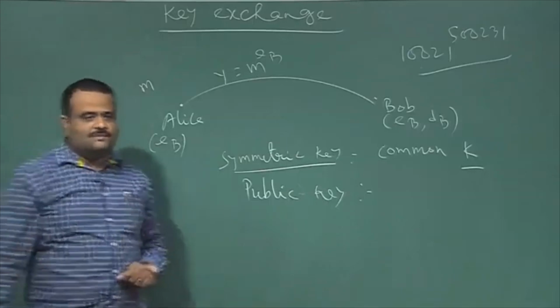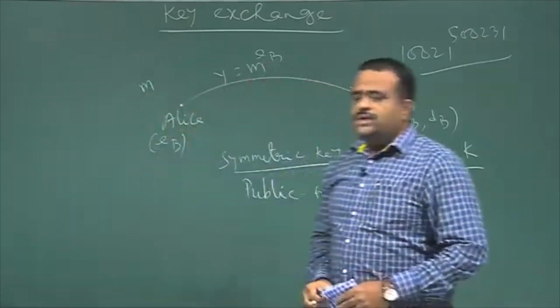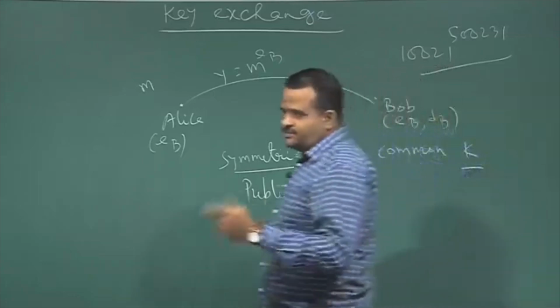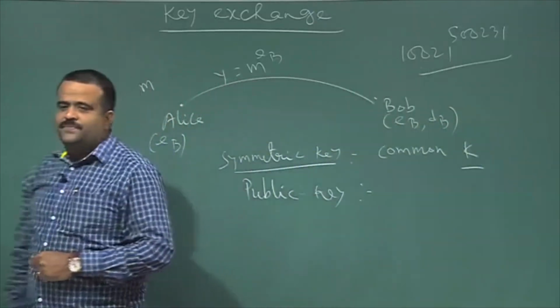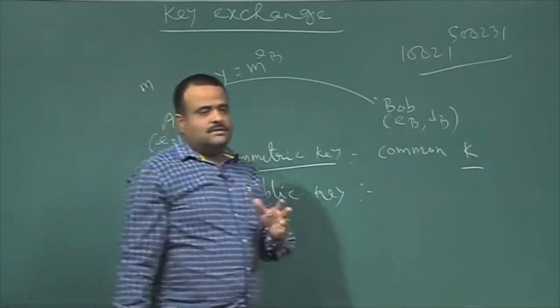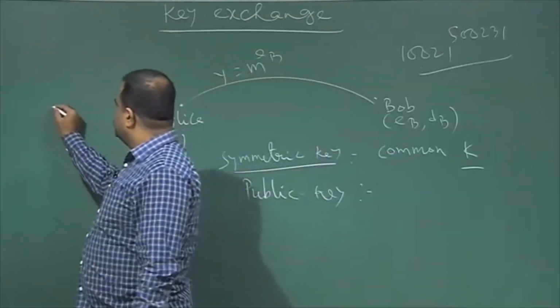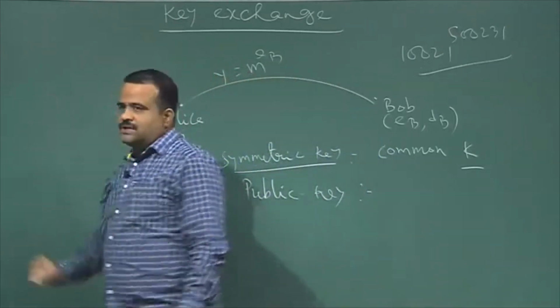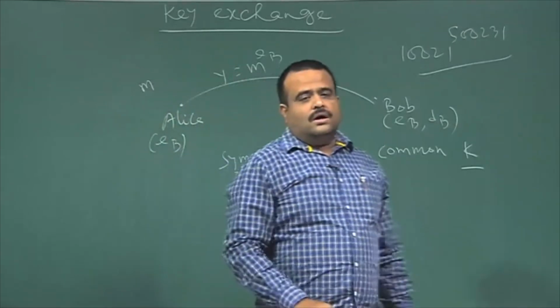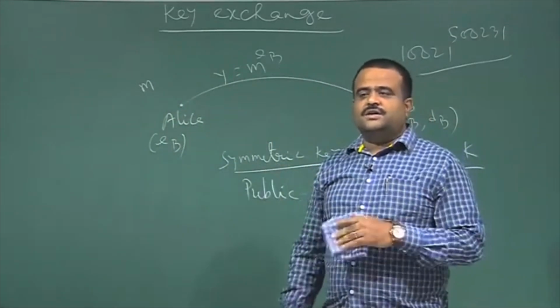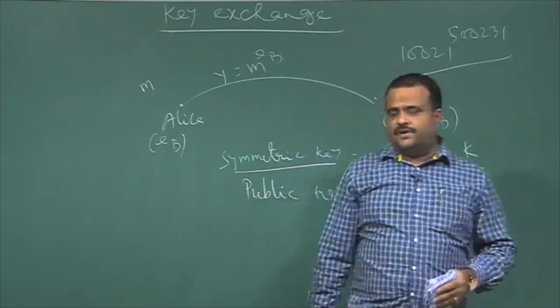On the other hand, in symmetric key, what do we do? We use either DES, AES or some stream cipher. If we use DES, it is a Feistel cipher. So symmetric key encryption algorithms are very fast.